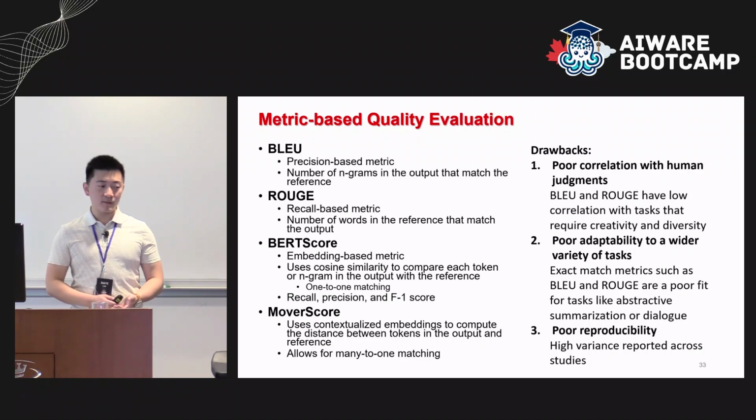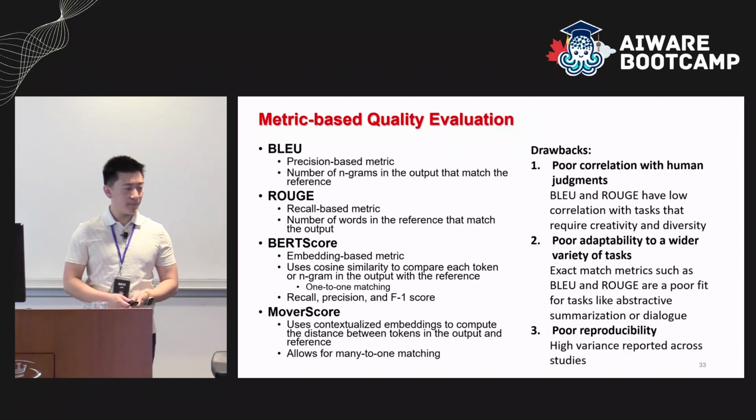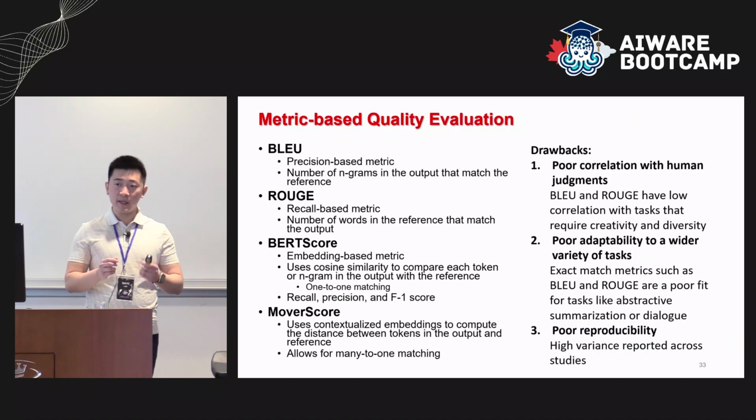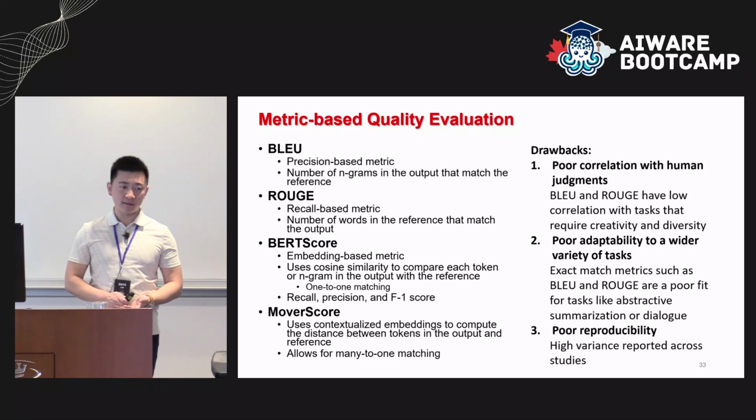And then there are also more semantic-oriented metric-based evaluators, like BERTScore or MoverScore. That's where you try to do cosine similarity to compare token to token, or phrase to phrase, to figure out whether we can create a mapping of different ways of phrasing the answer and evaluate whether they are a good answer or not.